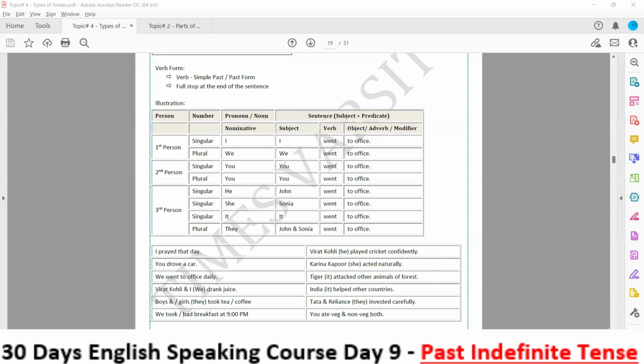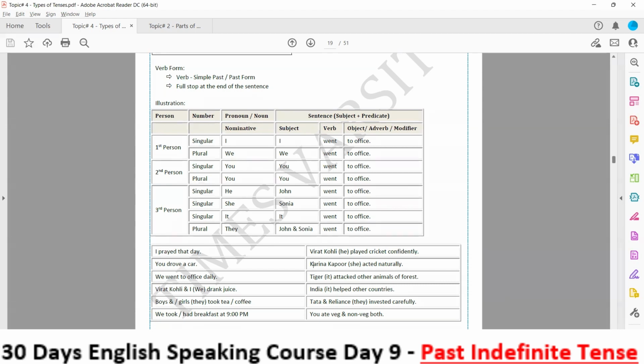Kareena Kapoor acted naturally. So you see, there is an Aamir Khan film, and Kareena Kapoor, she's a leading actor in that film. And after watching that film, if you are trying to express your views about that film, then you are saying like Kareena Kapoor acted naturally. You see here the subject, then second form of the verb, and then another word is used.